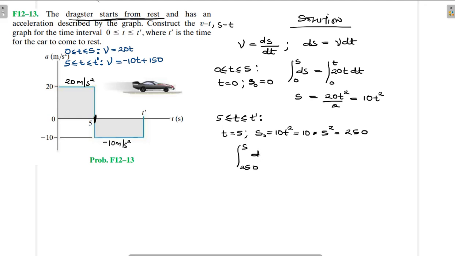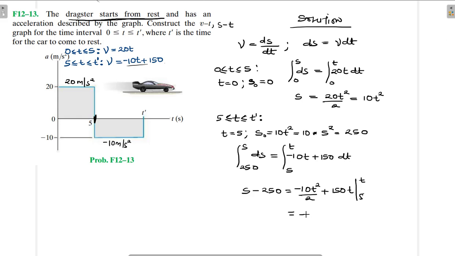250 to s, ds is equal to, our v is this one here, minus 10t plus 150, dt. So we are integrating from time equal to 5 to t. If we integrate this, it gives us s minus 250 is equal to minus 10t squared over 2 plus 150t.